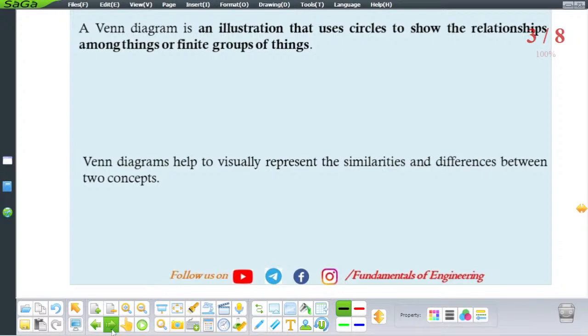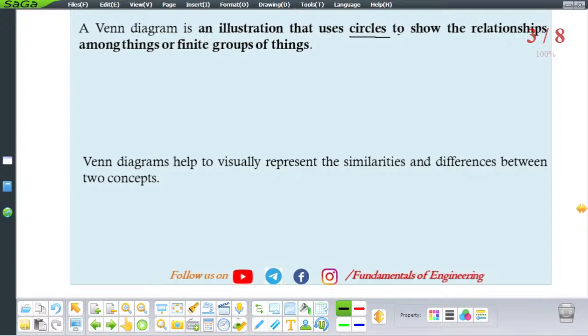The Venn diagram illustrates this in terms of circles. Sometimes other diagrams can be used, but mostly a Venn diagram is represented with circles, and whatever data we have from the random samples, we put into relationships using these circles.